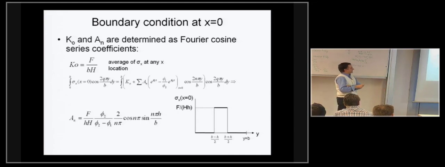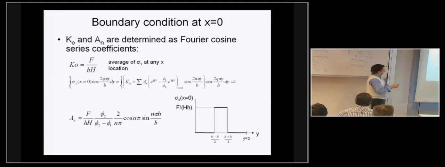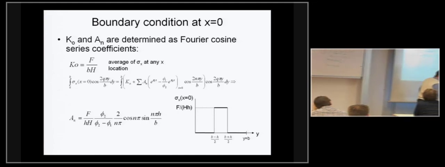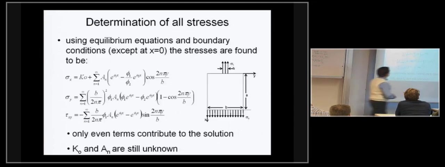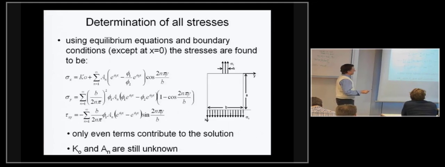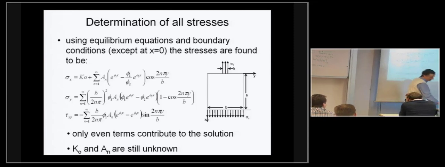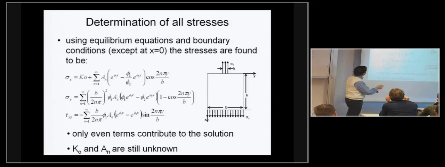Basically, K0 is by definition of Fourier series the average of the function sigma x at any x location. And that average is just the force divided by B times h, the thickness of the plate. So this, the total force divided by bh, is the average stress, and that's what this quantity, sigma x, should be at any x location.